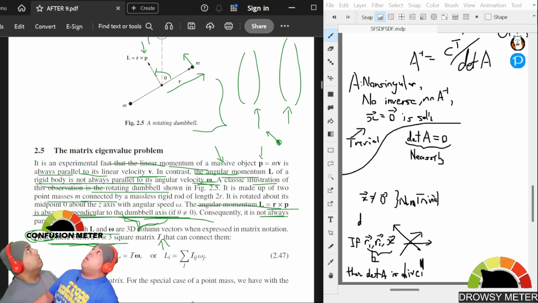Is this how matrices work? Let's say I have two matrices A and B. Is there always a matrix that can convert A into B from multiplication?